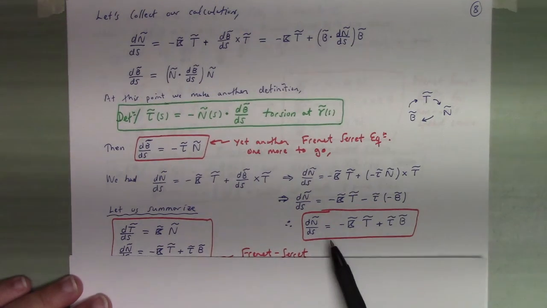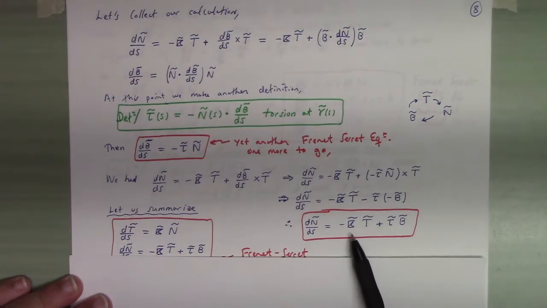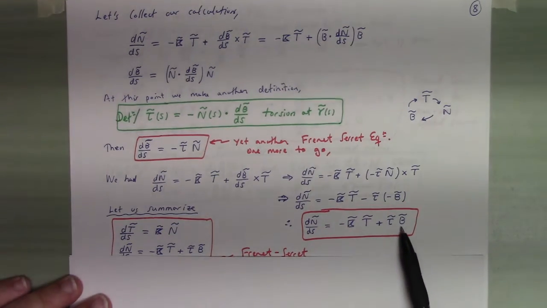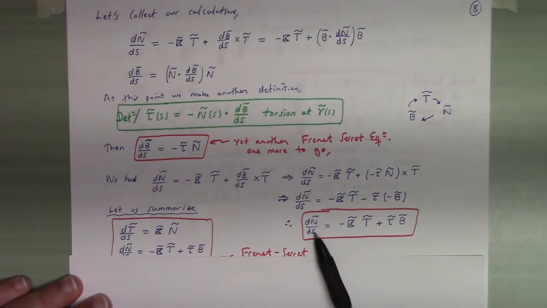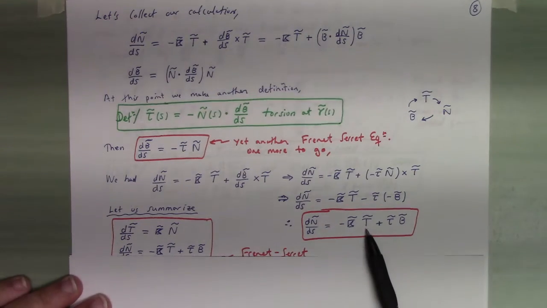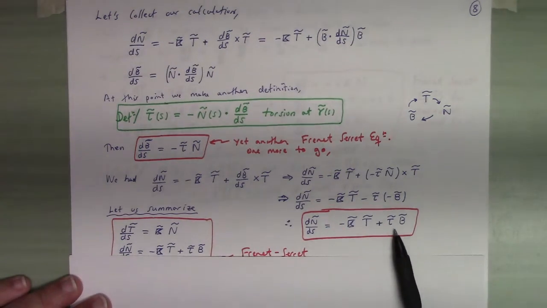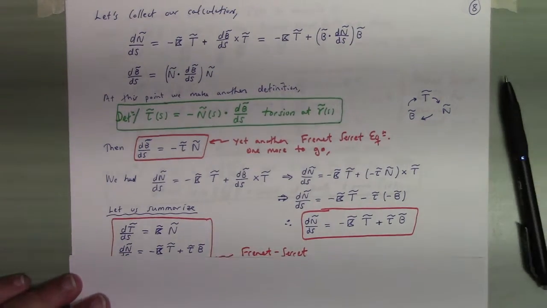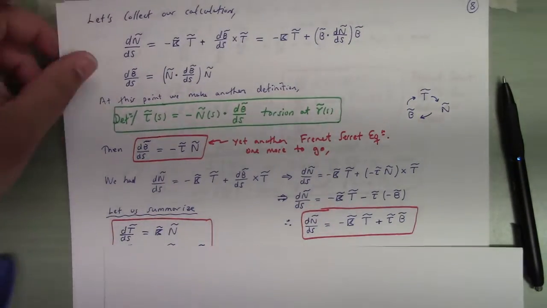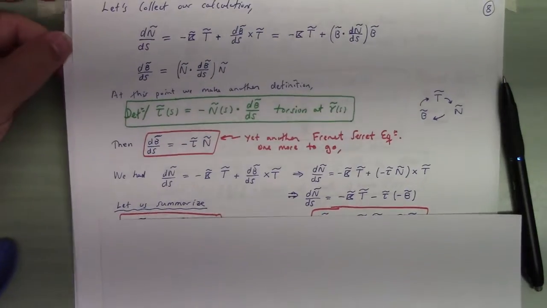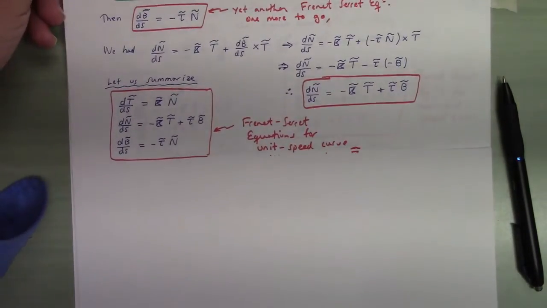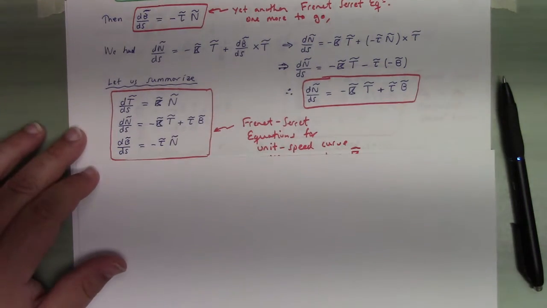Minus minus gives me a plus, and there you go. n prime is minus kappa t tilde plus tau b tilde. In other words, the rate of change of the normal with respect to arc length is minus the curvature in the tangential direction plus the torsion in the binormal direction. And these, my friends, are the famed Frenet-Serret equations, discovered sometime in the mid-19th century. Maybe the 1840s, I forget.